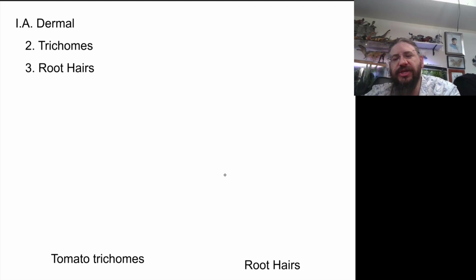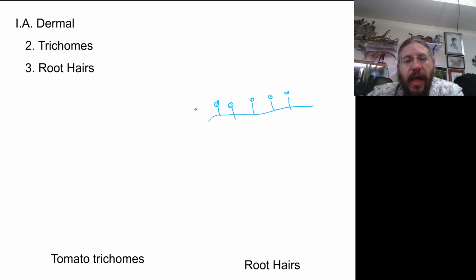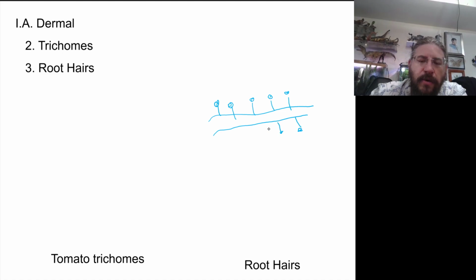Part of our tissue, right, is our trichomes. Trichomes are hairs. At their most basic, they create a little microclimate. What does that mean?